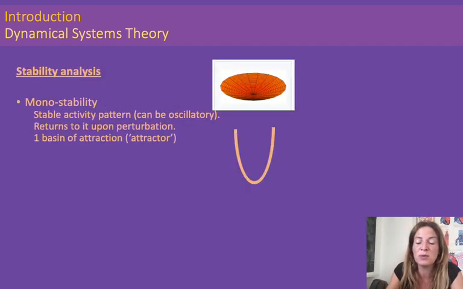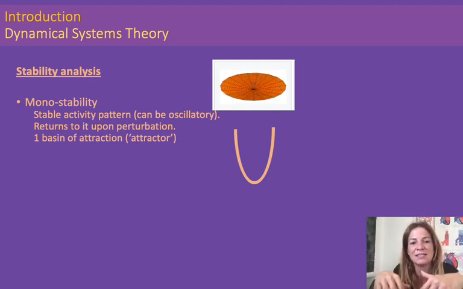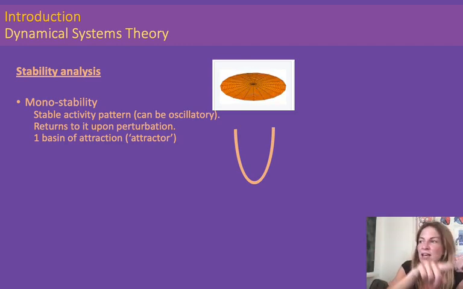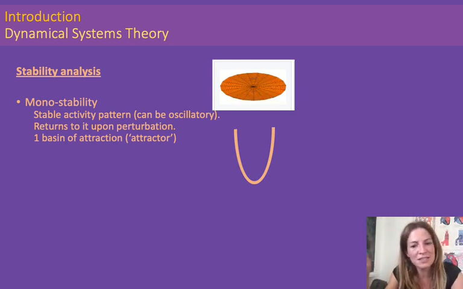Okay, so for example, we can talk about stability analysis. So you can have just a dynamical system that is constantly in the same behavior. So it's just going up and down, up and down. So when I say oscillatory, it's like a pendulum or the orbit of a planet, something that is constantly mostly in that state. So we can say it has one stable state.